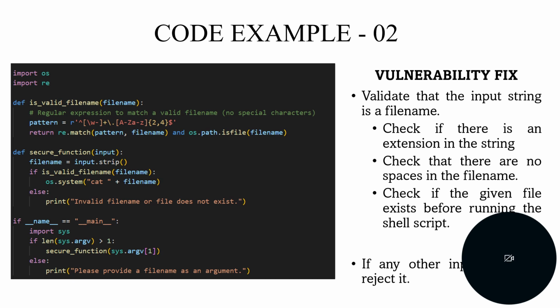Lastly, we can also check if the file actually exists in the system before printing its contents. If any of these checks fail, then we can ensure that the command is not executed on the shell. This way, we can ensure that the input provided by the user is properly validated. Next, Monica will continue with the next example.